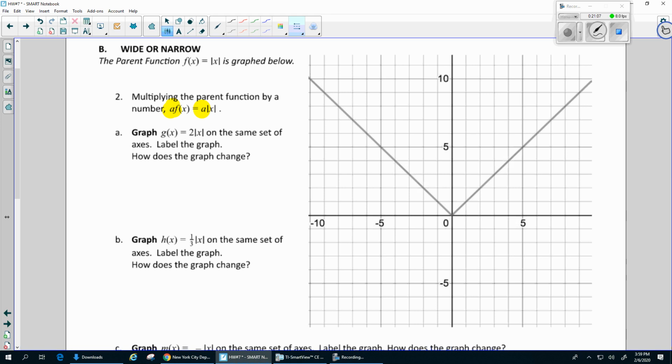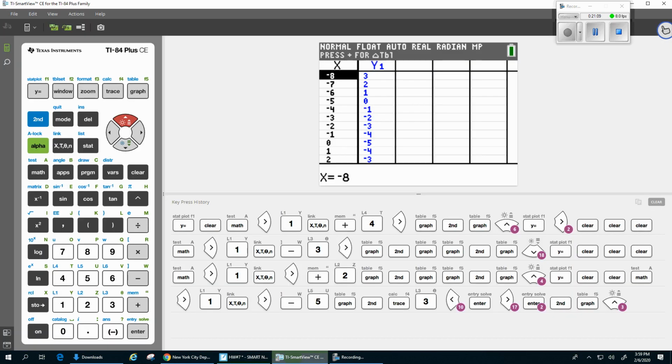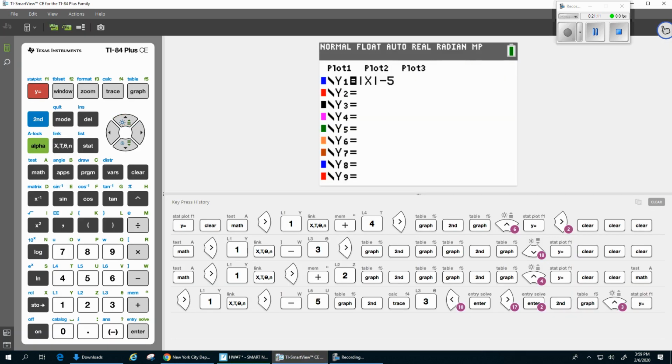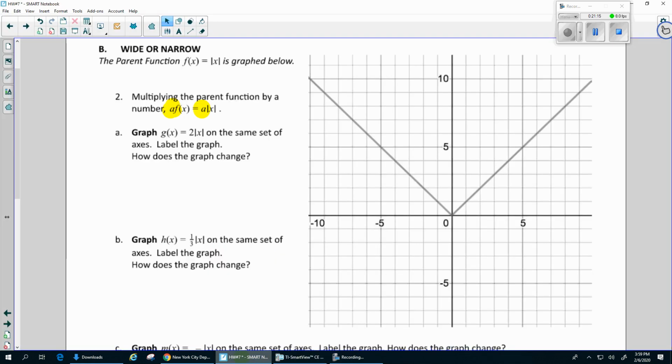So let's enter this into our calculator. We're going to clear, and I'm going to look at A, where I am going to multiply my function by 2.